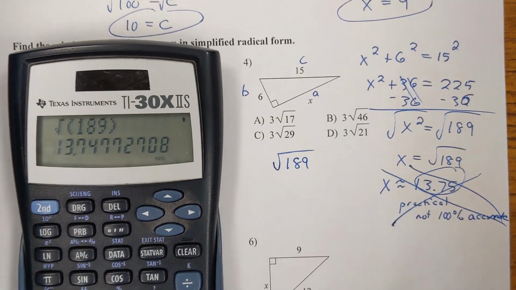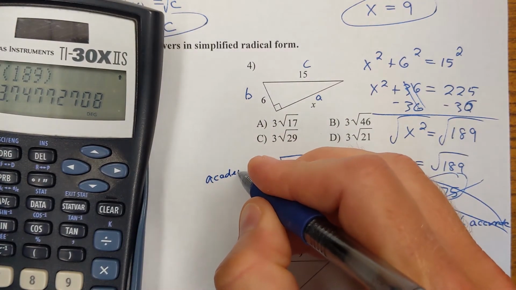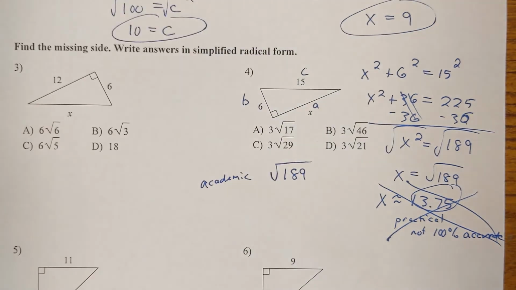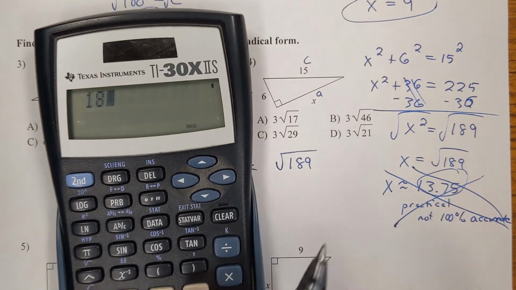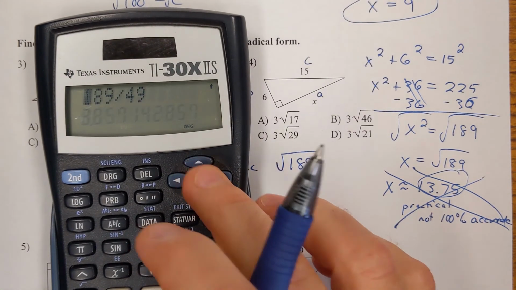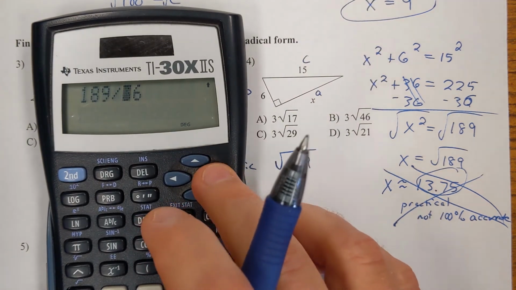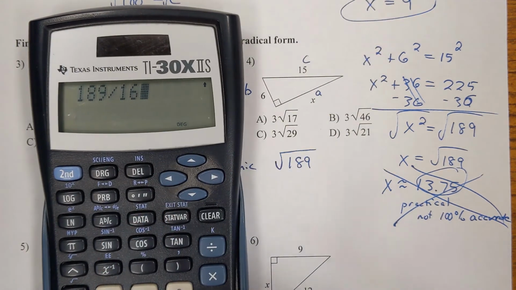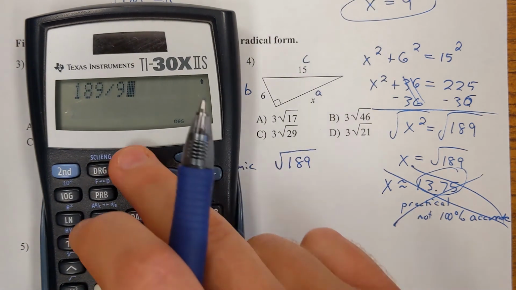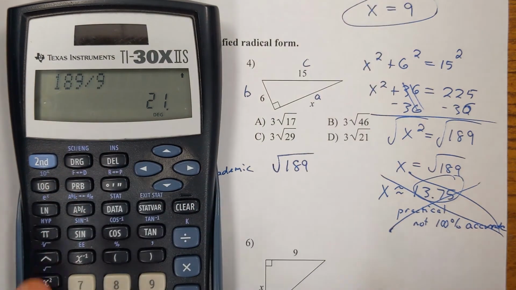I'm going to insist in this unit that you write your answers the way I call the academic way, and that's as a simplified radical. Now I'm going to find the largest perfect square that 189 is divisible by, and I thought it might be 36. It's not. Let me try 16. Nope. You know what? I bet it's a 9. The largest perfect square that 189 is divisible by is 9.